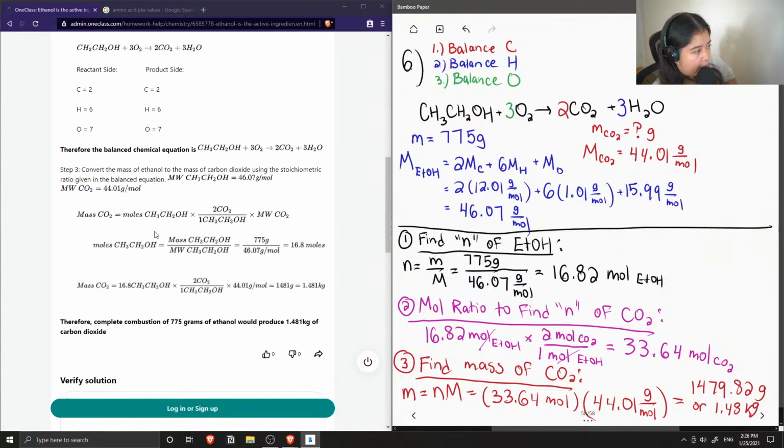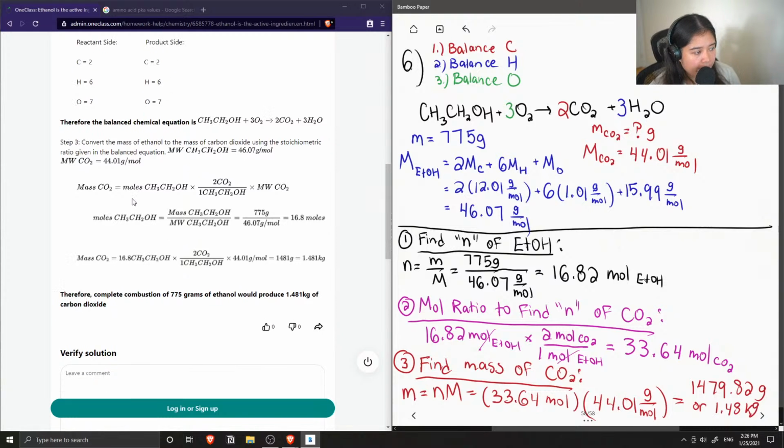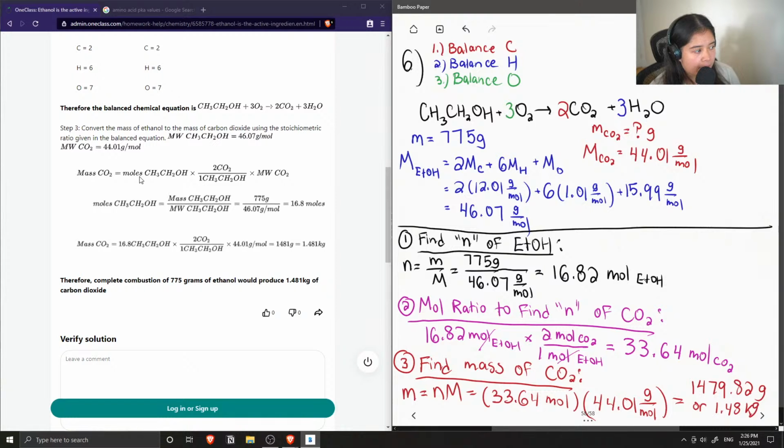And now they want to convert the mass of ethanol to the mass of carbon dioxide using the stoichiometric ratios given in the balanced equation. So they have the molar masses for both, and they did it in one step. So first you find the moles.